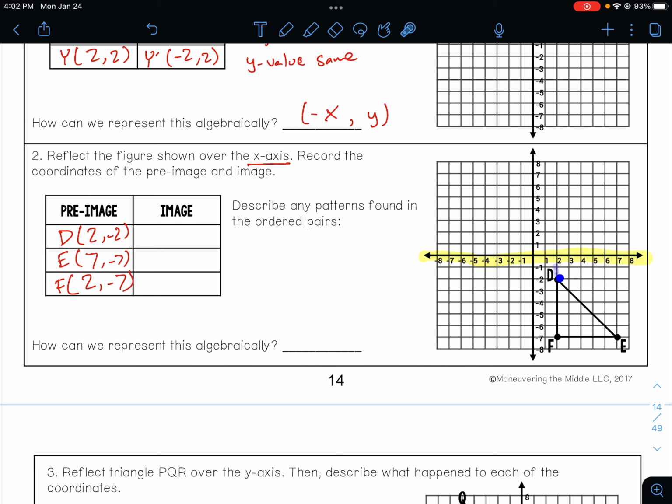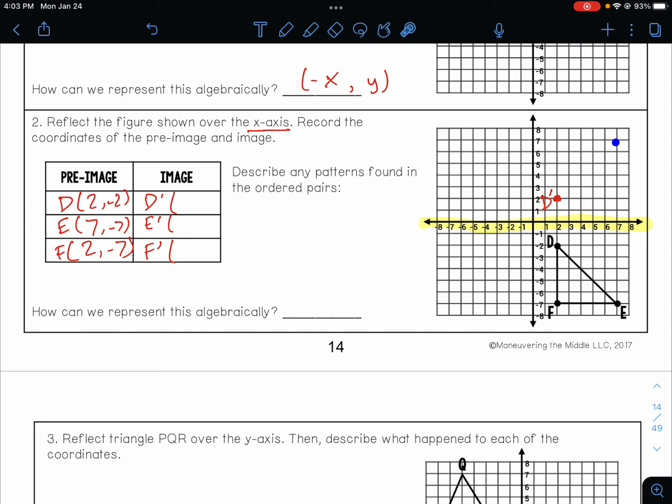So if I want to reflect this, let's start with the D. It's like reflecting over this line. I go 2 down, so then I'm going to go 2 up. And that's going to be D prime. Let's do E next. E, go 7 down, so in this case, I'm going to go up 7. That's E prime.